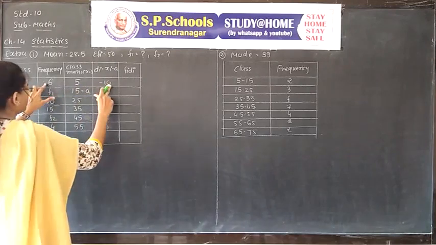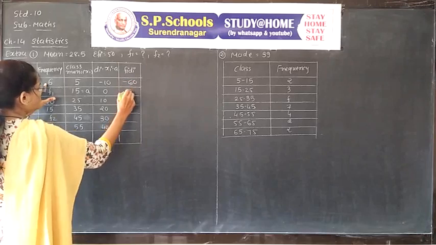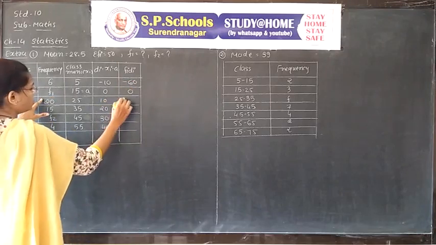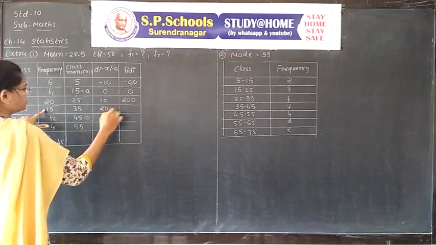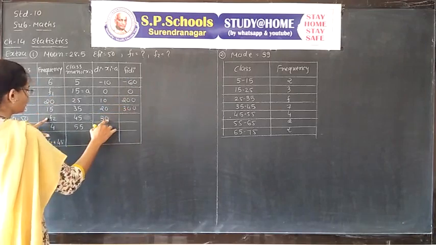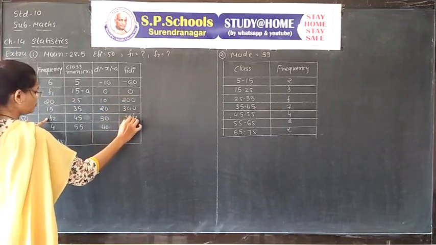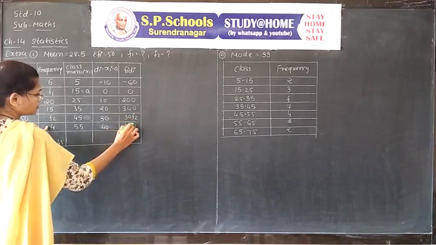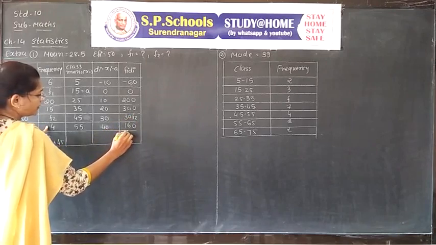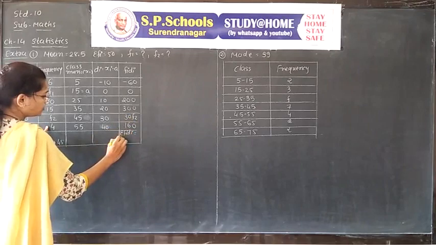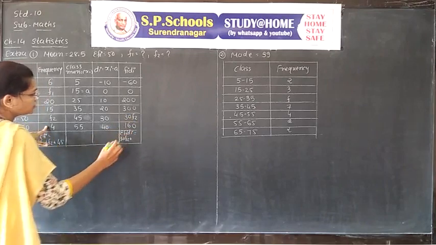Now multiply fi with di: minus 60, 0, 20 into 100, 200, 300, 30 into f2, 30 f2, and 160. Sigma fi di is obtained here. 30 f2 remains as it is.